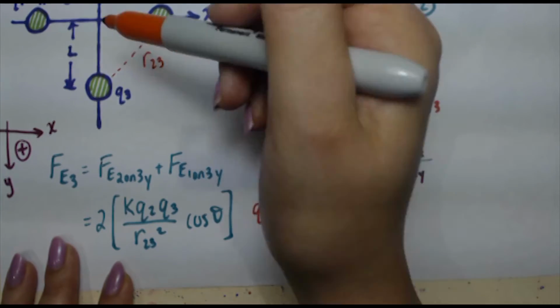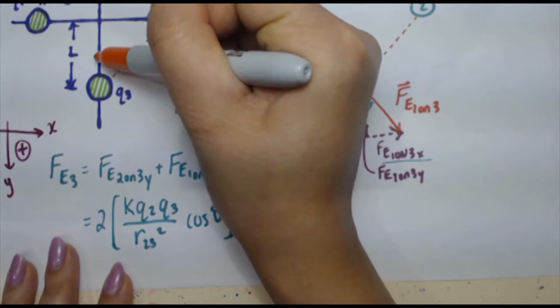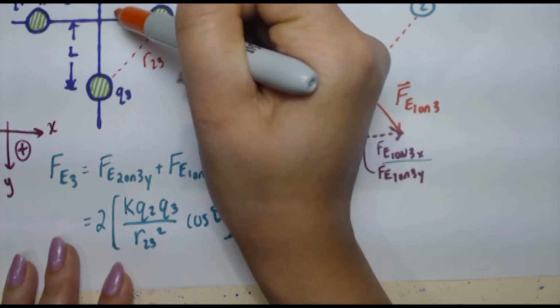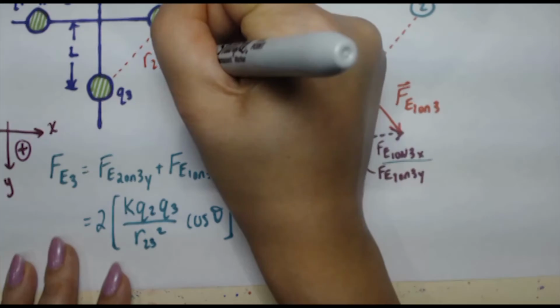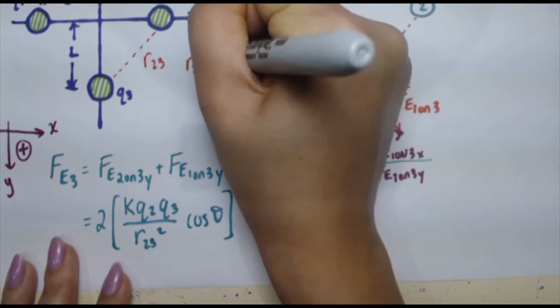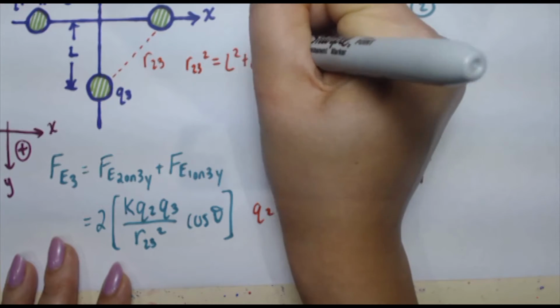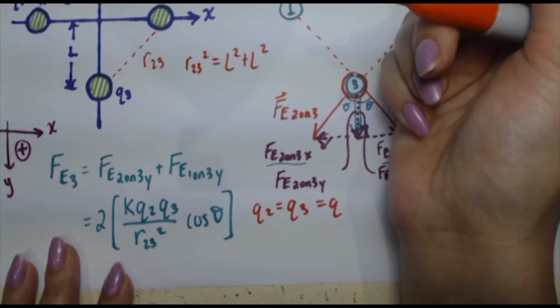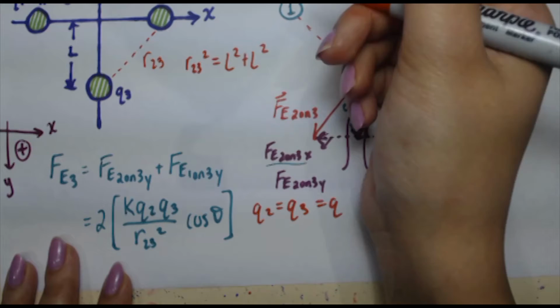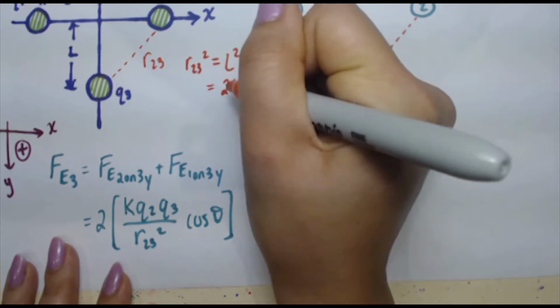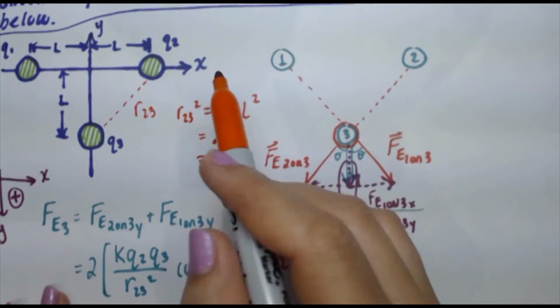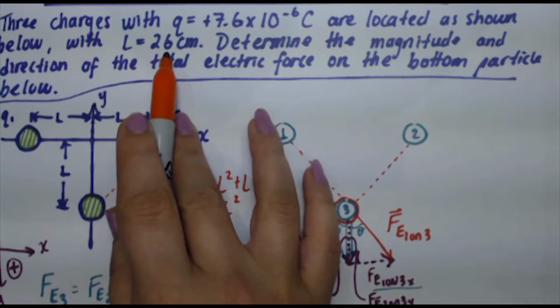And we figure that out by recognizing that we have a right angle triangle here with the two shortest sides being L and L. But we have to find the hypotenuse. Okay, so we can say that R23 squared is equal to L squared plus L squared. C squared equals A squared plus B squared. Okay, so L squared plus L squared becomes 2L squared. And we're told what L is in the question. L is 26 centimeters.